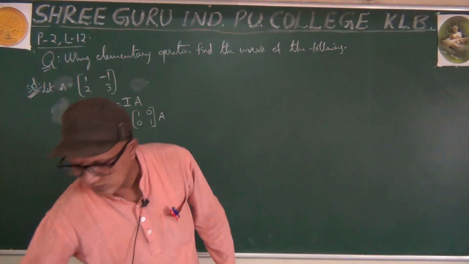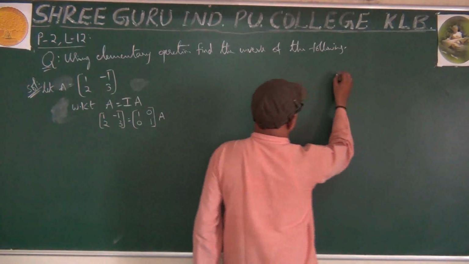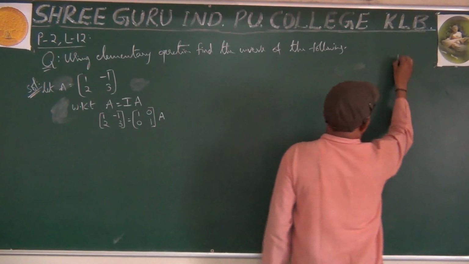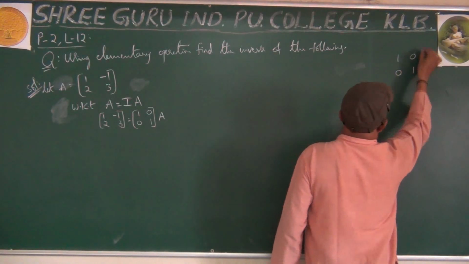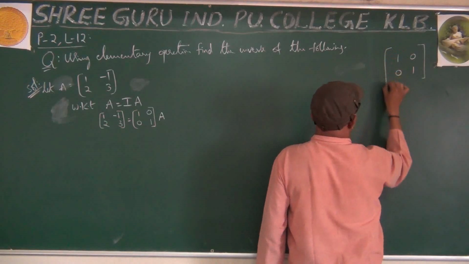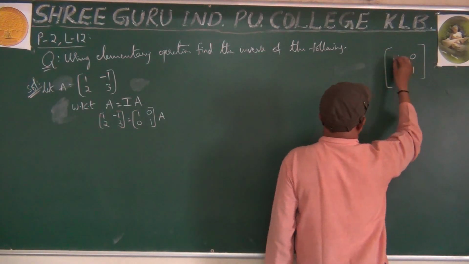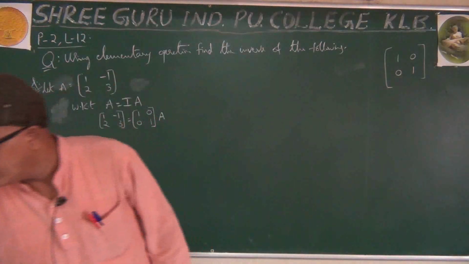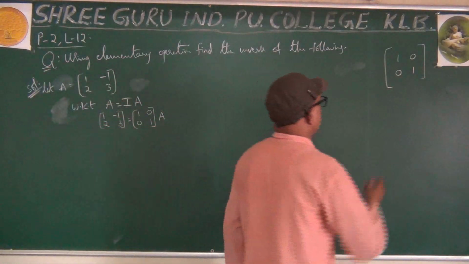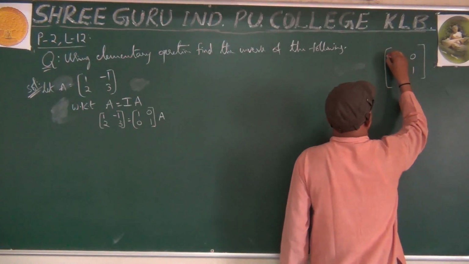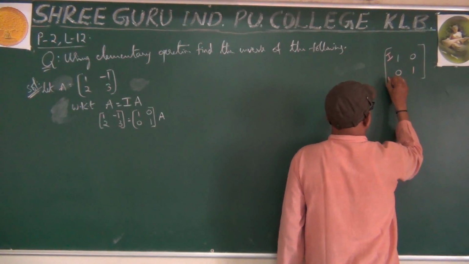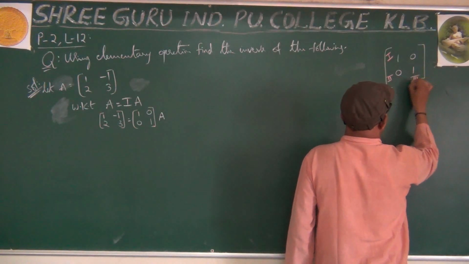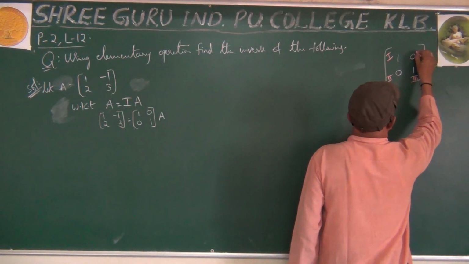Now, as per the operation, this is the first row, this is second, this is third, this is fourth.